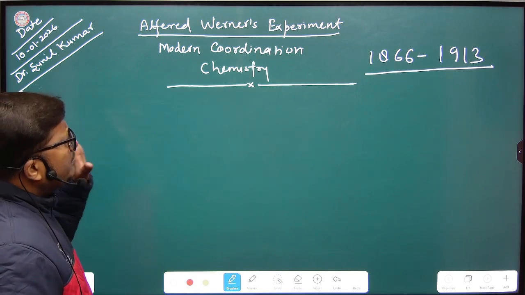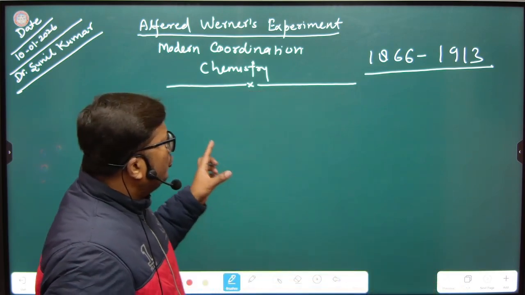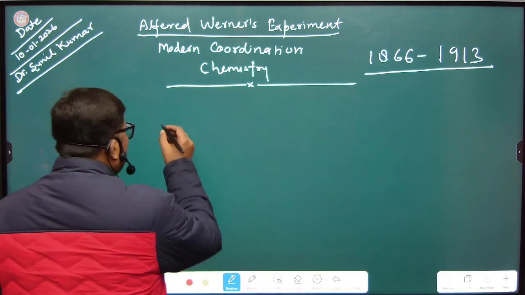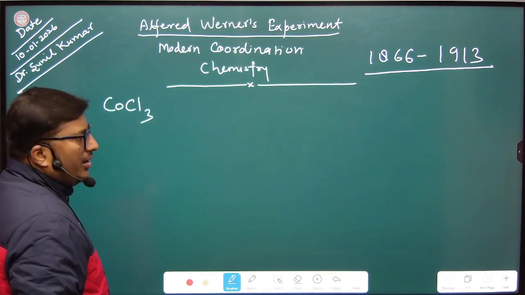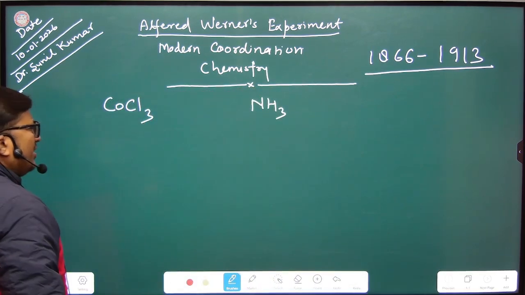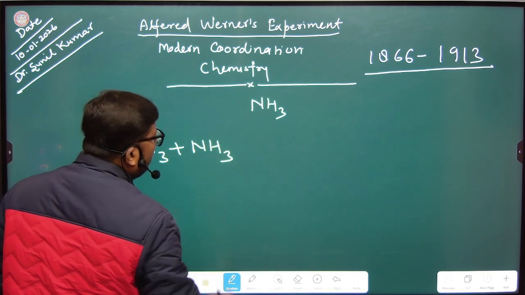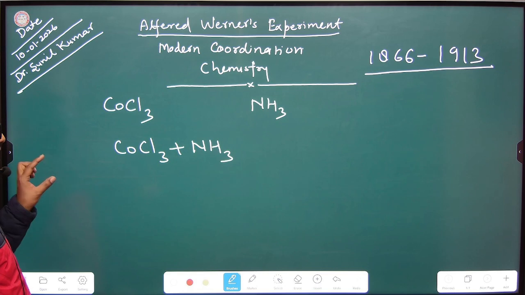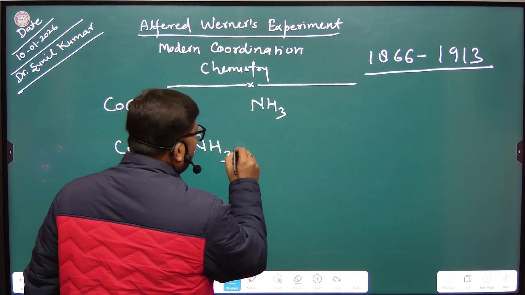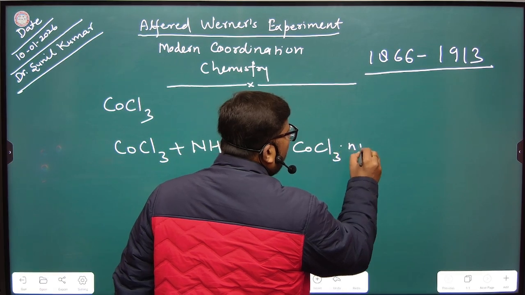In his experiment, Alfred Werner took cobalt chloride, that is CoCl3, and another reagent, ammonia, NH3. He tried to react CoCl3 with ammonia to form CoCl3·nNH3.